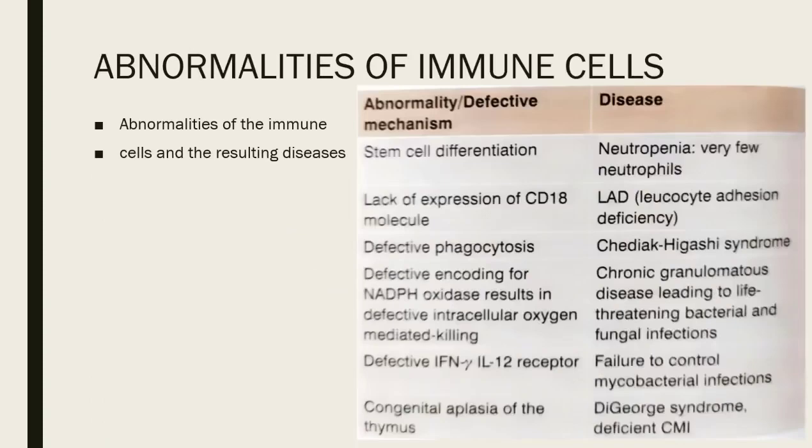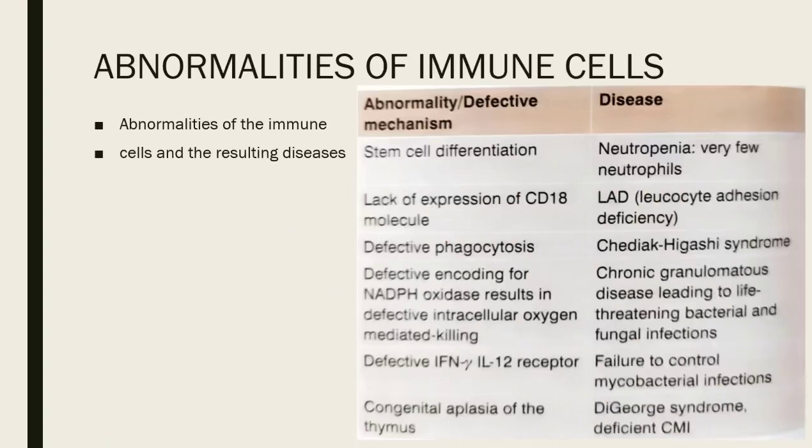Now let us discuss abnormalities of immune cells and the resulting diseases. Defective stem cell differentiation could lead to neutropenia, that is very few neutrophils. Lack of expression of CD18 molecule could lead to LAD, that is leukocyte adhesion deficiency.